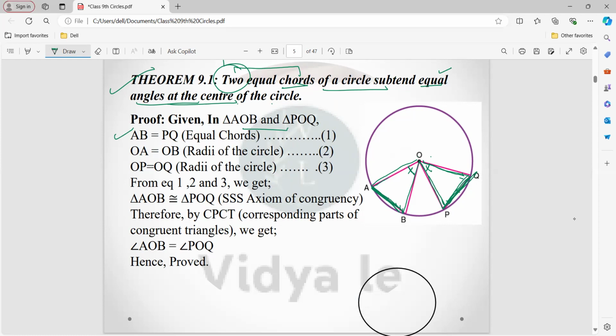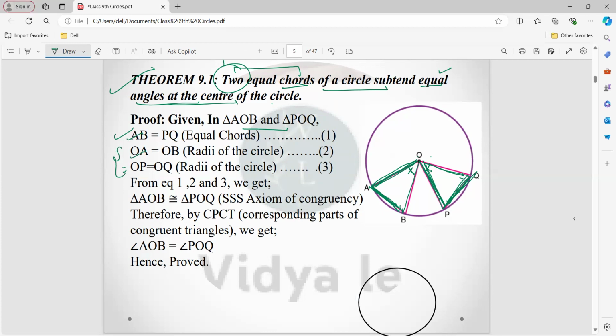Next, AO, that is one side of one triangle, is equal to OP, the corresponding side of the other triangle, right? Now, why are they equal? Because they are radii. So OA is equal to OB, OP is equal to OQ, and all these are equal as all are radii.